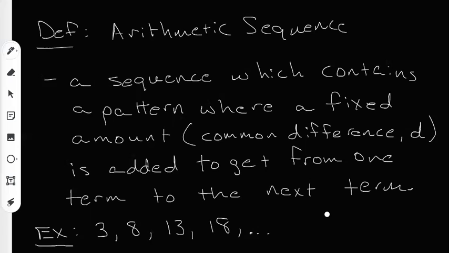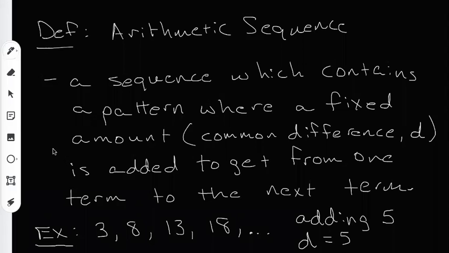To get from 3 to 8, what are we doing? We're adding 5, right? So that means the common difference, that lowercase d that I was talking about, is going to be a positive 5. So we're basically just adding a number to get to every single next term.